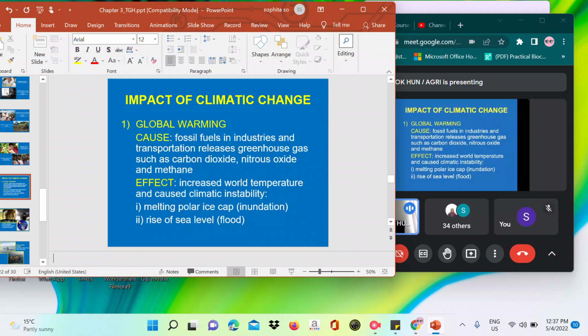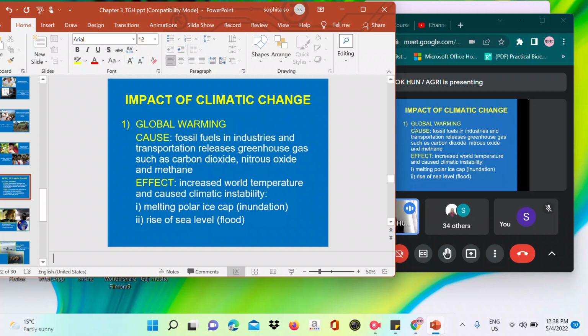So what is the effect? The world temperature will increase and become unstable. Then the polar ice melts and the sea level will increase. If you notice nowadays, floods are not seasonal anymore. Back 10 or 15 years ago, for example, at the end of the year in the Kelantan and Terengganu area, they would have floods during November or December.